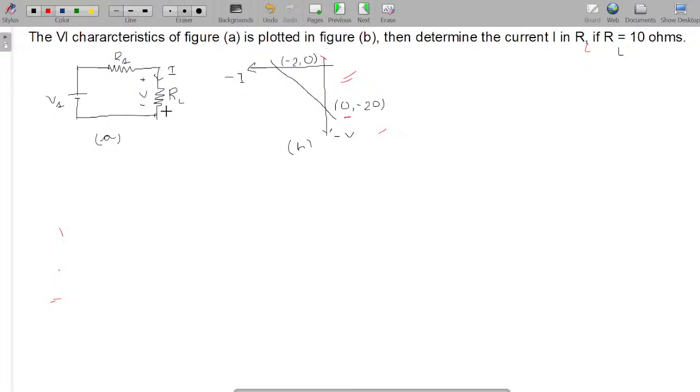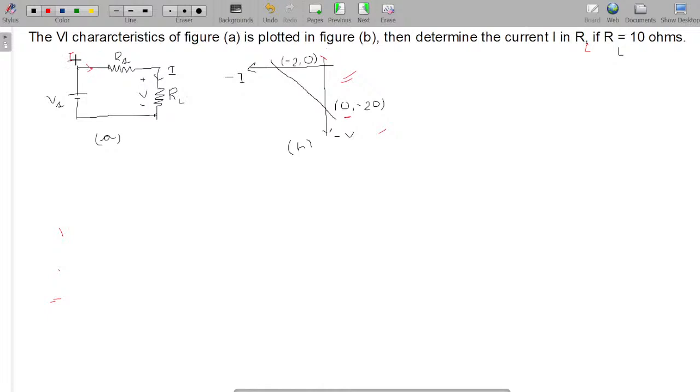Because it is a series circuit, the load current is also equal to the source current, right? So here we see the graph between load voltage and load current, which is also equal to the source current. This I is also equal to Is.